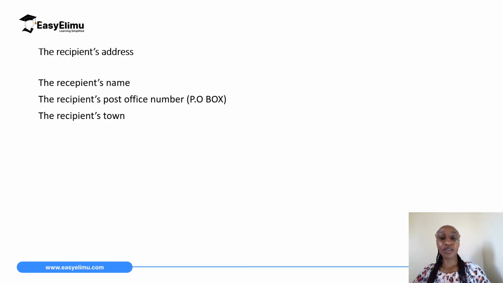This one is found on the left side. So below your address, but on the left side, it has the name or the title, for example, the principal or the HOD, the managing director, the CEO, the HR. It has either their name or the title, their PO box number, and their town.